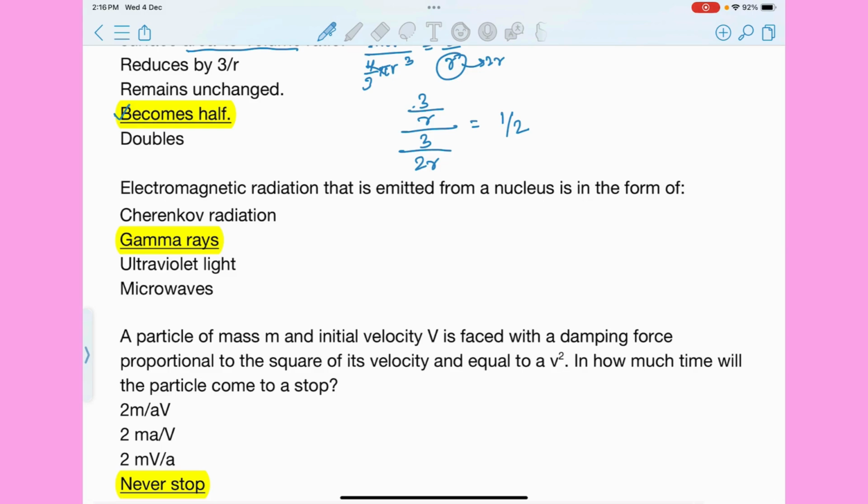The nucleus then ejects matter out in the form of energy. When we see the electromagnetic radiation spectrum, the higher ends, the gamma rays and the high energy form of ultraviolet rays, are ionizing radiations. So the correct answer is gamma rays.